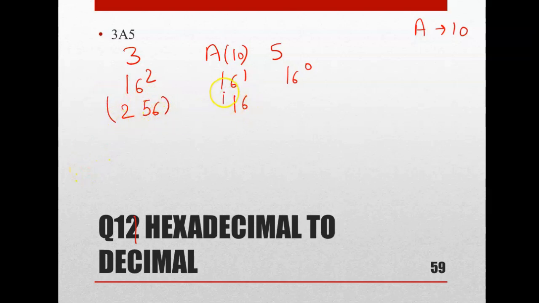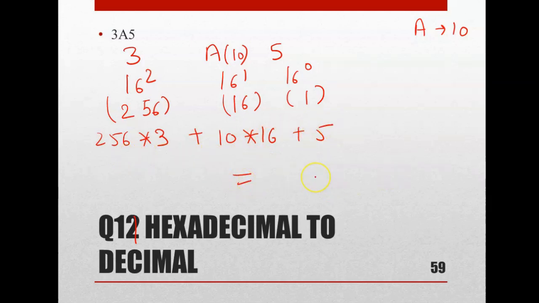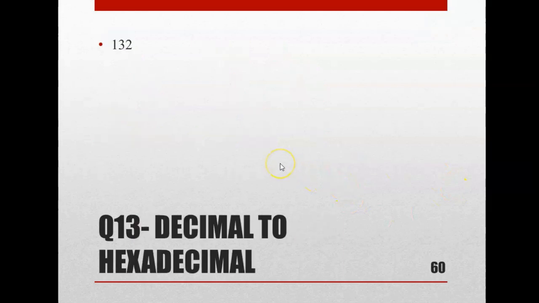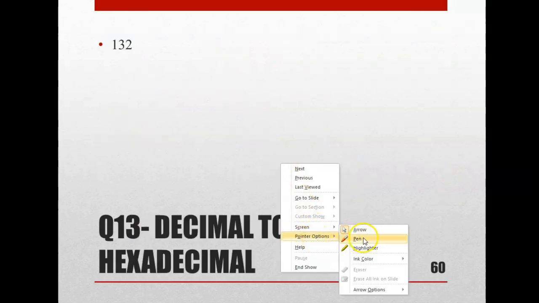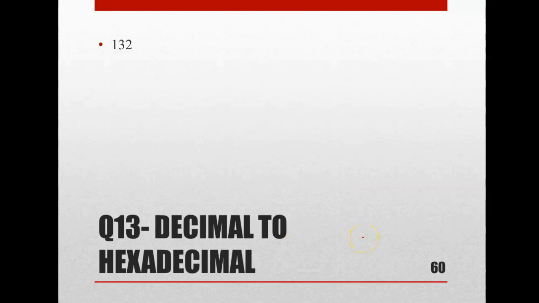So 256 multiplied by 3 plus 10 into 16 plus 5. Go for the multiplication and you will be able to find the answer. I'm skipping this one because it is a general mathematical calculation that you can do on your own.